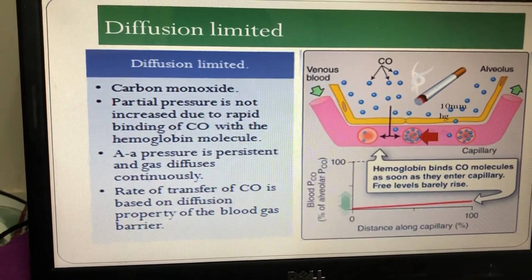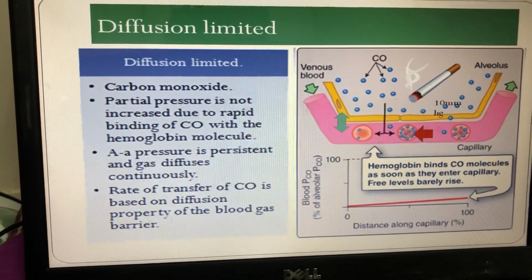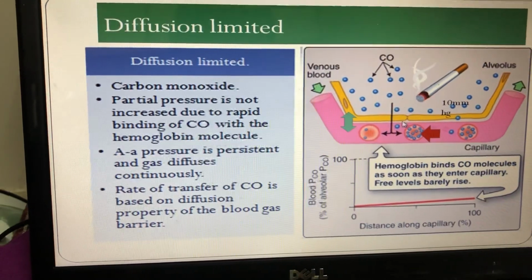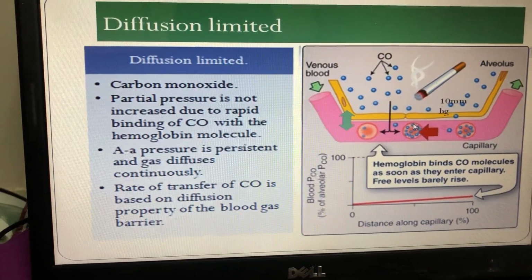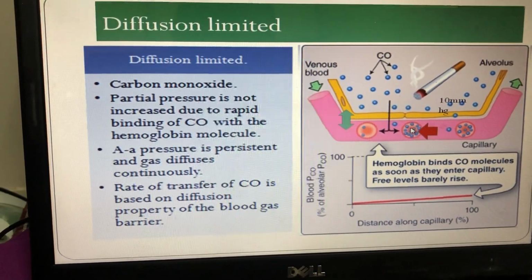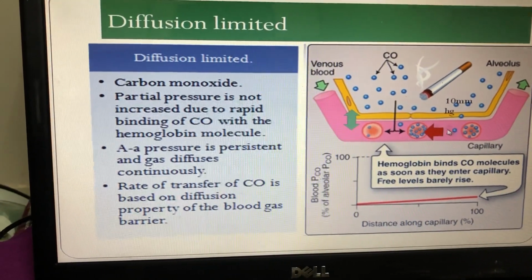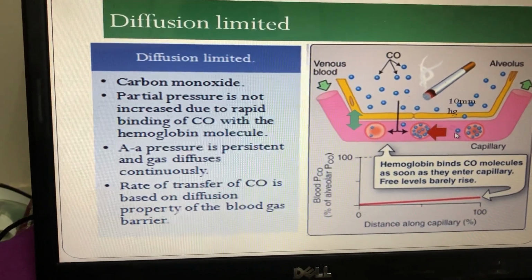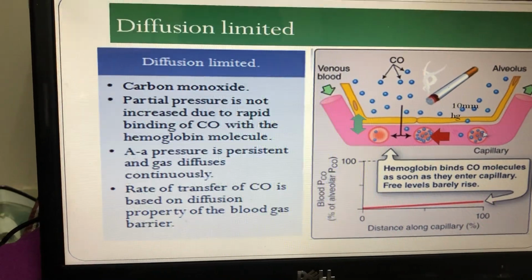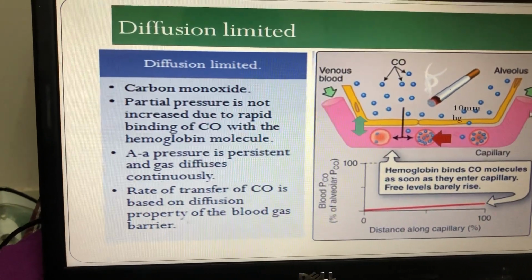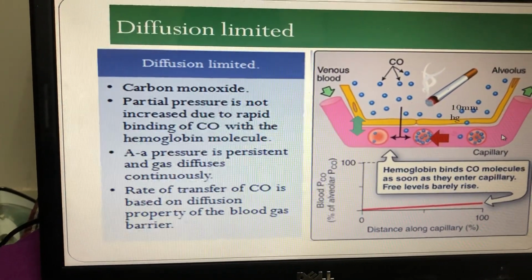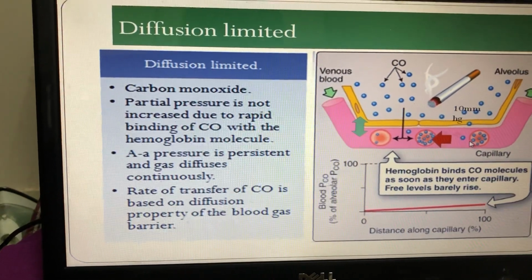This will lead to the forming of bonds. The carbon monoxide ingested will form tight bonds with the RBCs present in the pulmonary capillaries. Because it is forming tight bonds, there is no increase in partial pressure of the carbon monoxide in the pulmonary blood vessels, so the partial pressure here is going to be 0.